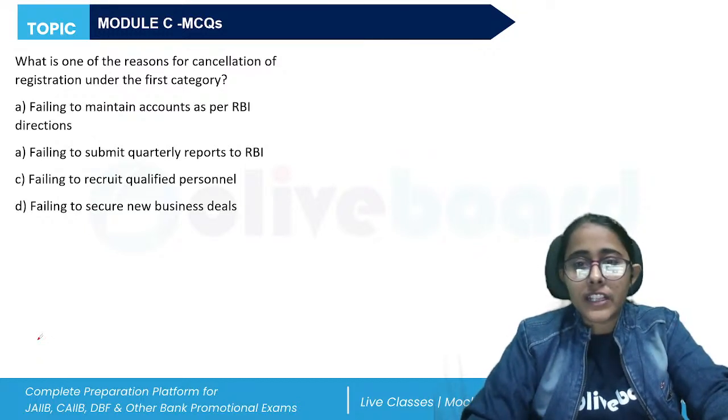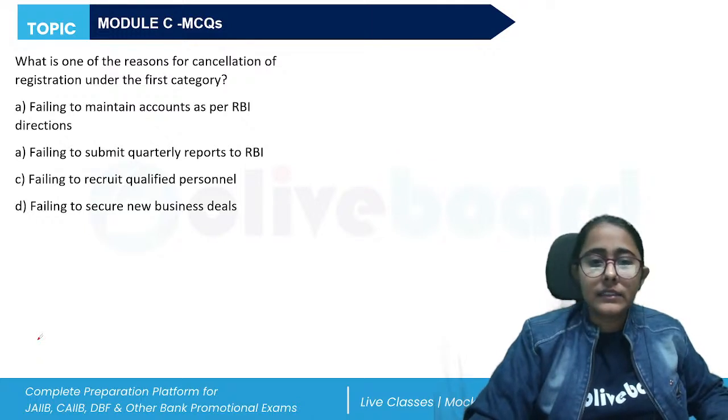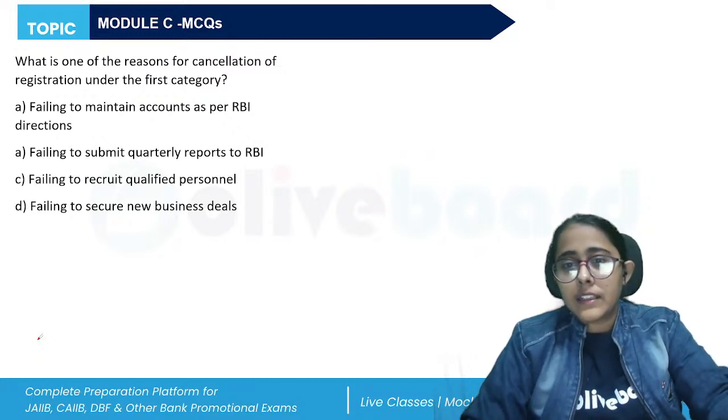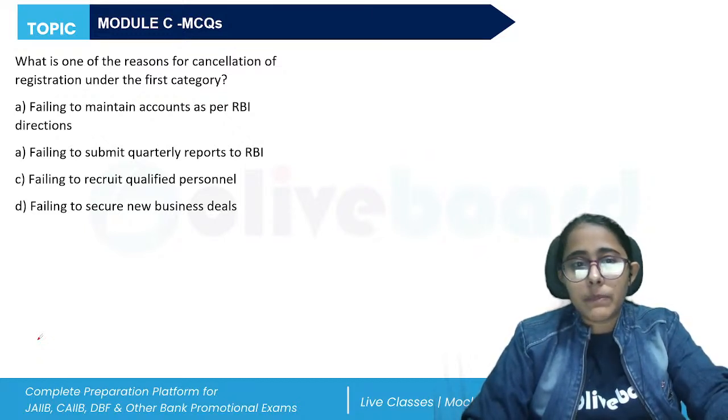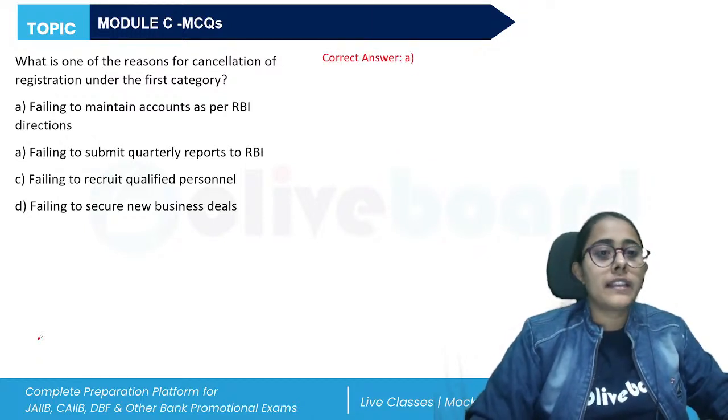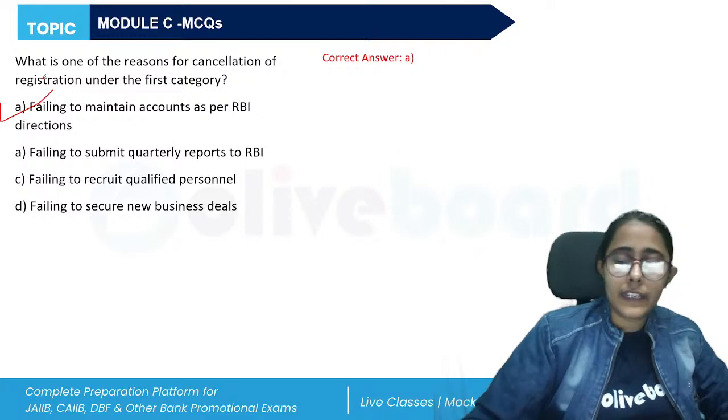When will their registration be declared cancelled? Yes, so the correct answer is that the cancellation of registration will be made if they fail to maintain the accounts as per the RBI directions.